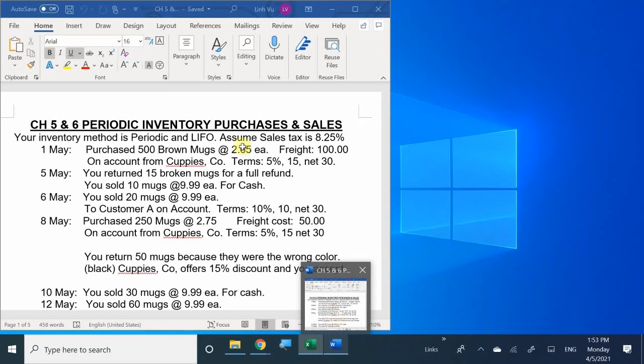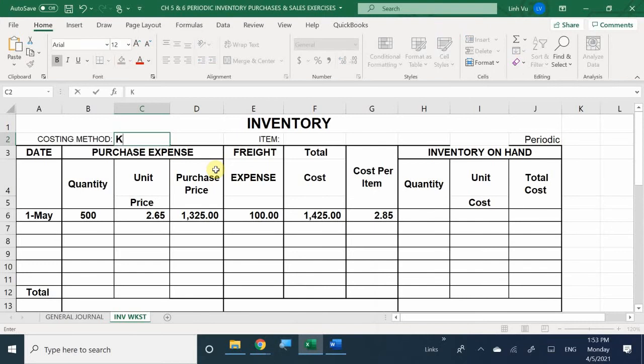Last in, first out? Yes, last in, first out. So we're just going to do that as a reminder. We're not going to complete it yet because we don't have the given information. We don't know what our ending inventory is. So I just want to make sure you guys know, keep in your mind, it's LIFO.